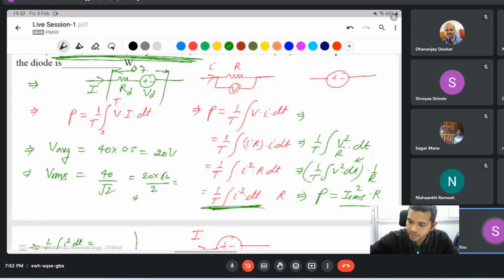Please calculate this. I think it is 28 point something, 28.2, the RMS value.